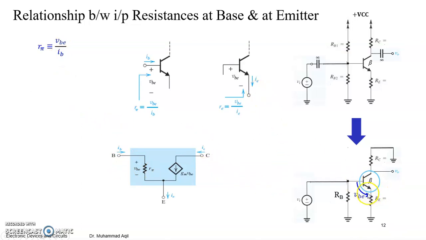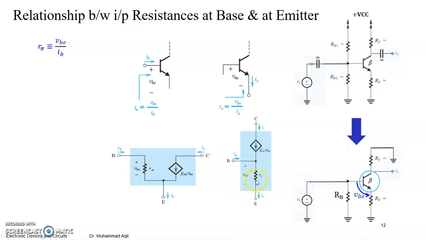And if we model this transistor for a small AC signal by looking into the emitter, we can replace this transistor in this circuit by this schematic or model, right? So here, because we are looking into the emitter, we want to relate our output current with the parameters of the emitter, right? So we have a voltage at the emitter side with reference to the base, actually base to emitter, so it's the same, right?